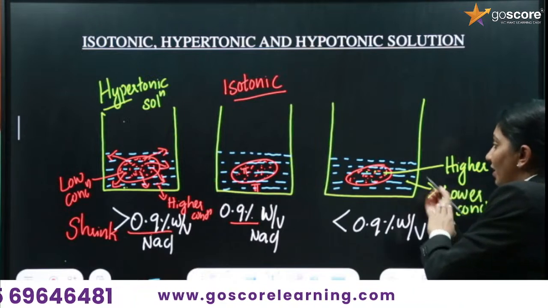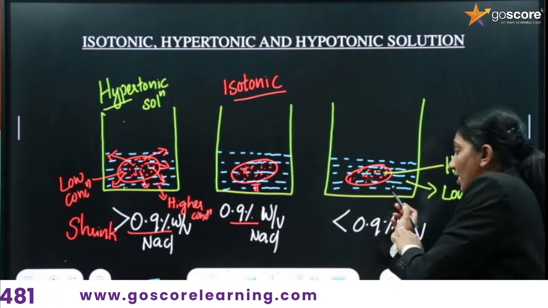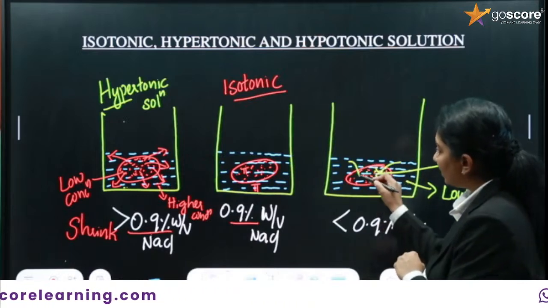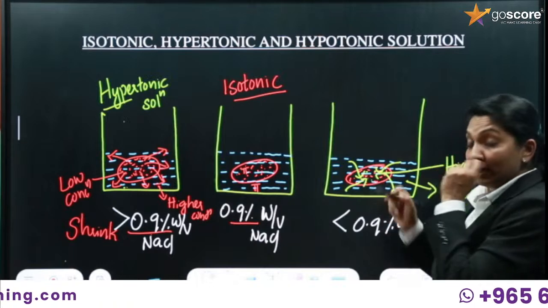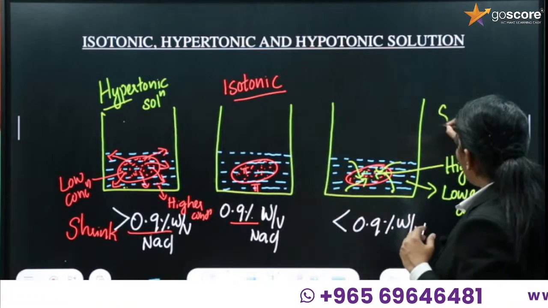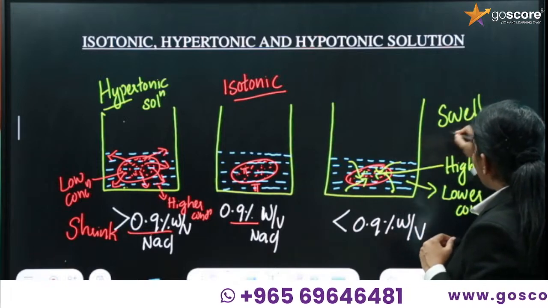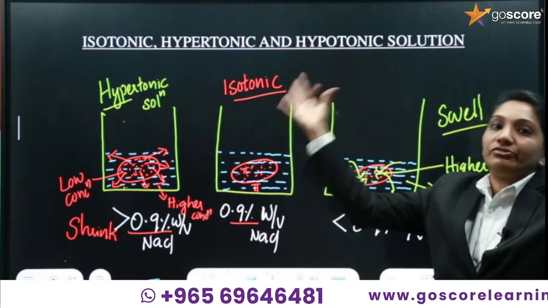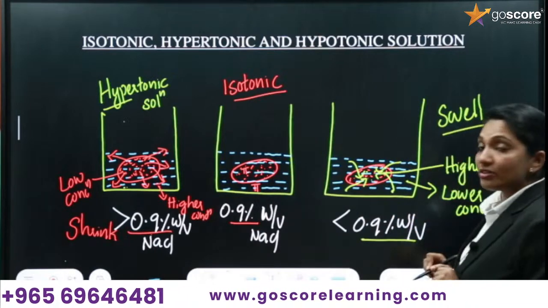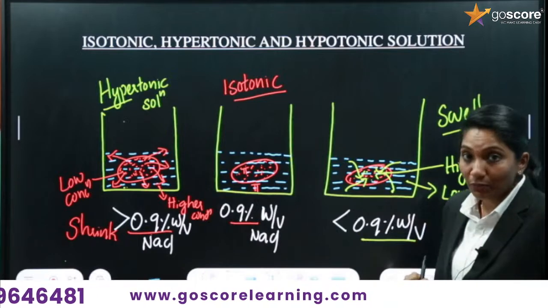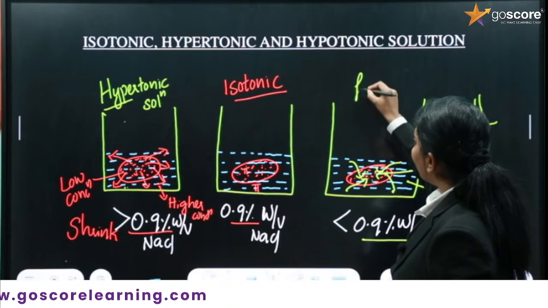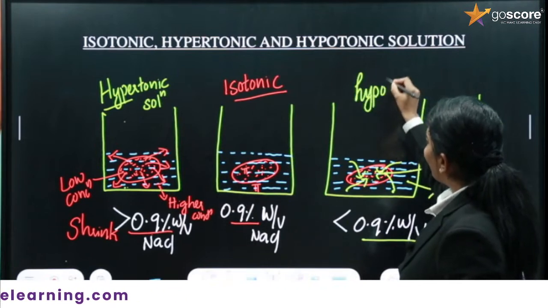The solvent will move from the solution side into the cell, right? As more solvent gets into the cell, it will cause the cell to swell. The cell starts to swell and finally it will burst. These kinds of solutions, having a concentration less than 0.9 percentage weight by volume of sodium chloride, are called hypotonic solutions, right?